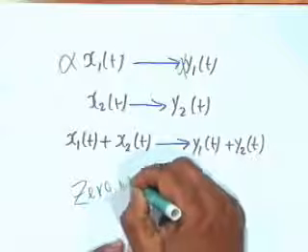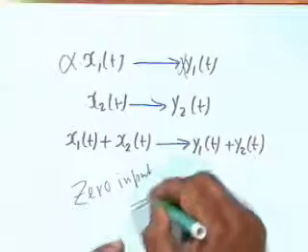Because alpha could be equal to 0. You take any non-zero input, you produce an output. If you multiply the input by 0, the output should also be equal to 0. So, homogeneity implies that 0 input should lead to 0 output.